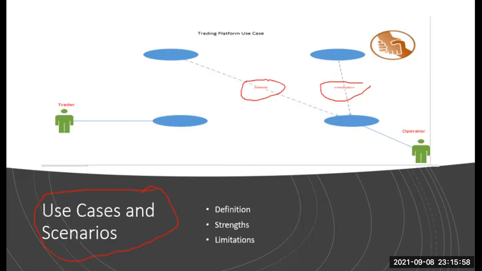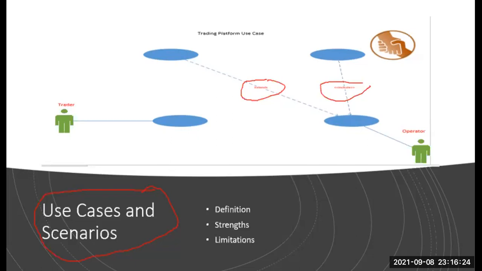As far as include is concerned, we are just including, picking functionality from the other use case, right? I'll also explain with an example. Extends is when you have one use case and you want the insertion of additional behavior into it, which is not mandatory. Then you use extends.